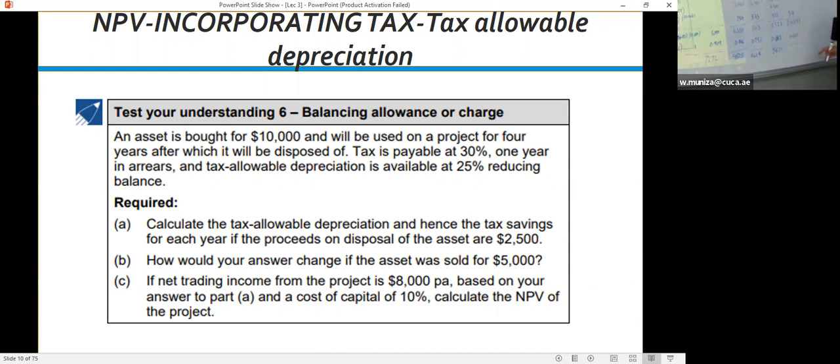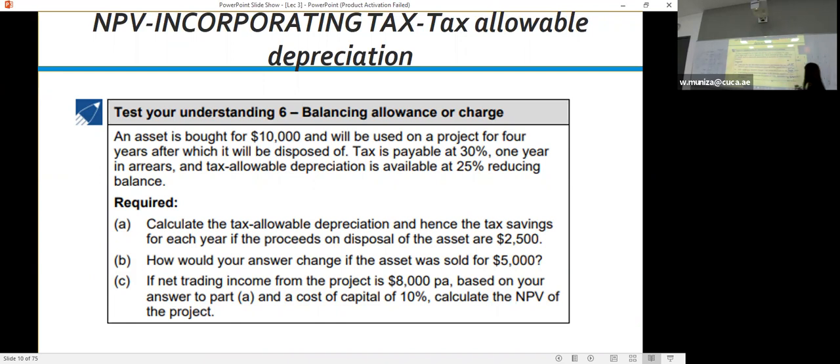And this one is 1884 into 0.621, which is 1170. And here it is 10,000. So how much NPV is there? $11,370. Is it positive? Yes. 11,370. Okay.